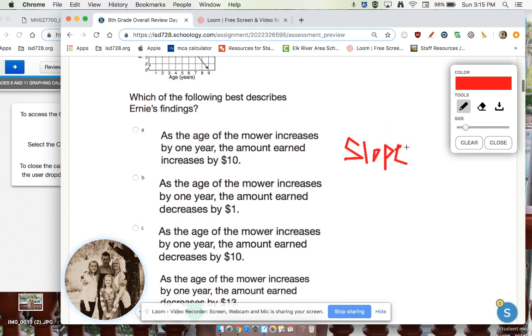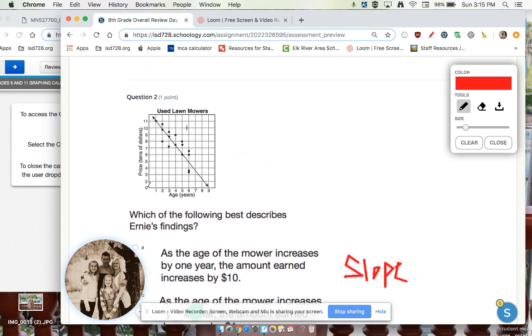So I'm going to go up and figure out what is the slope of this line. So here's 2 perfect points, point 1 and point 2, and it looks like I go down 1, 2, 3, 4, 5. So I'm going down 5, over 1, 2, 3, 4.